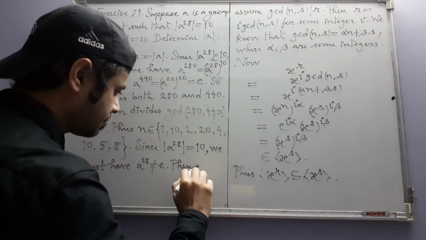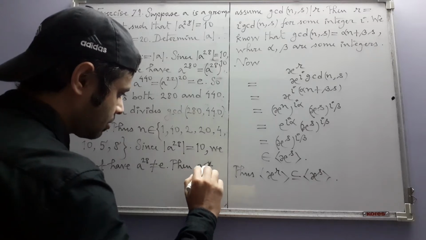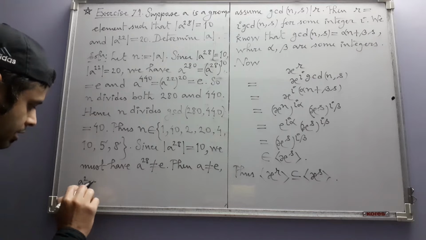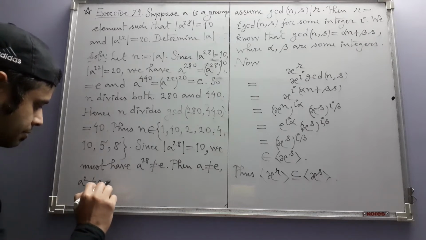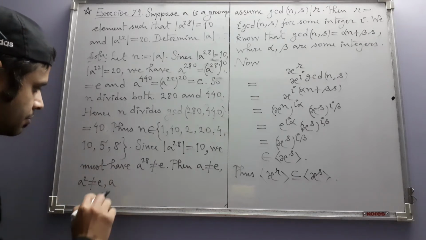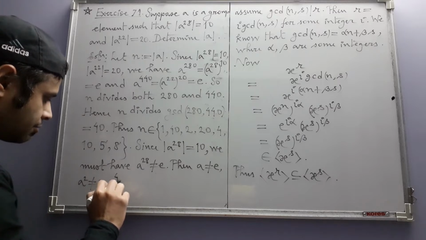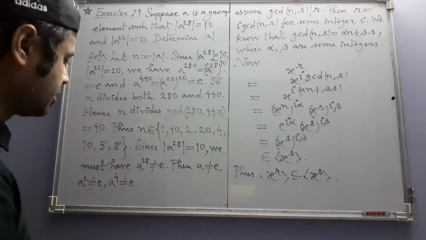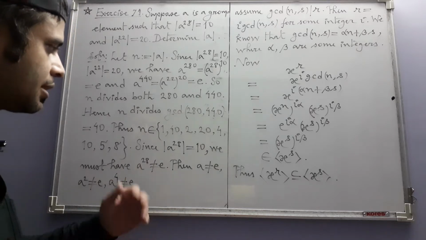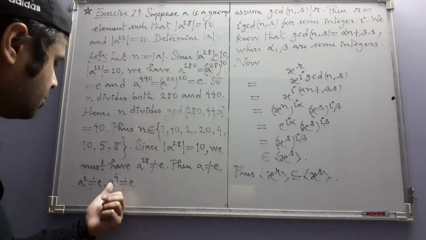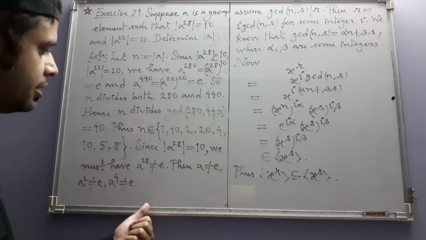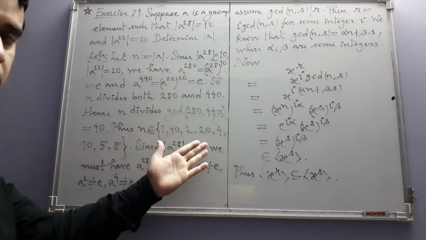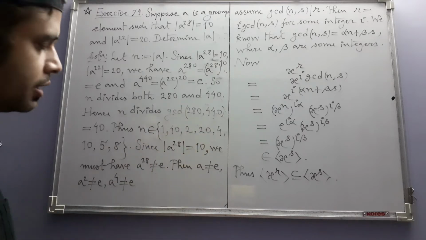Then a is not identity, a square is not identity, a to the power 4 is not identity, and some other powers are also not identity. For example, a to the power 7 is not identity, then a to the power 14 is not identity, but we don't need those powers because we don't have the corresponding exponents here.